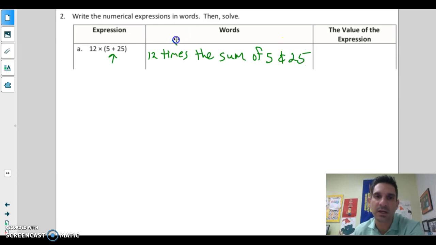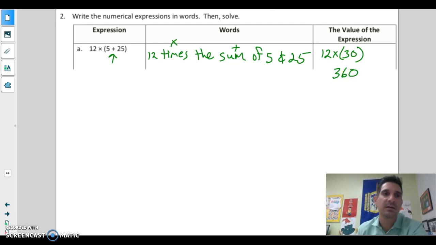So here's the multiplication, here's the addition. You could have done the sum of 5 and 25 times 12, doesn't matter. So now the value of the expression is 12 times 30, right? So that's 12 times 3 is 36, times 10 is 360.